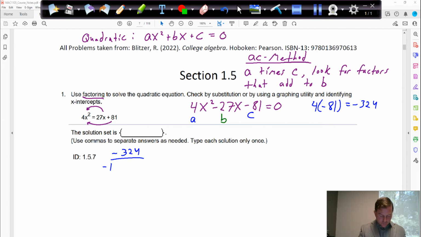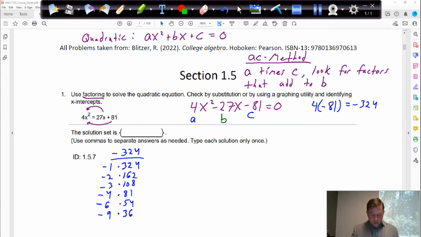So we have minus 1 times 324, we have minus 2 times 162, 3 will work, I didn't write it down, I think it's 108 times 108, and then 4 will work, minus 4 times 81, 5 doesn't work, 6 will work, minus 6 and 54, 7, 8, 8 will work, I also did not write that one down, but 9, let's try 9, you get 36.